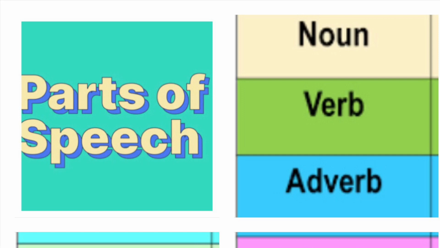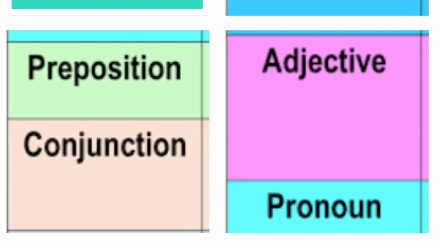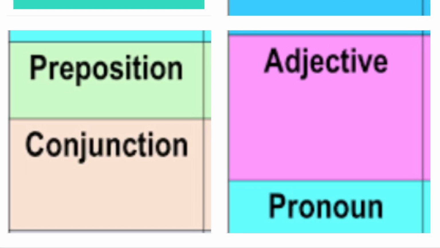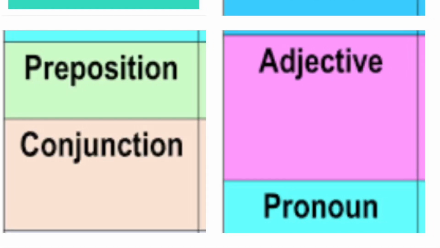Then we have the verb, the adverb, then adjective, pronoun, preposition, and conjunction. These are the parts of speech which we have to learn.